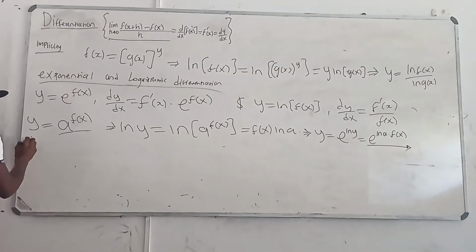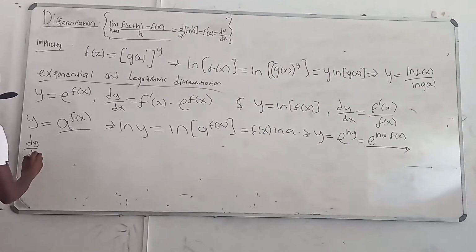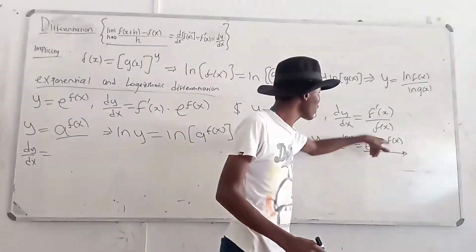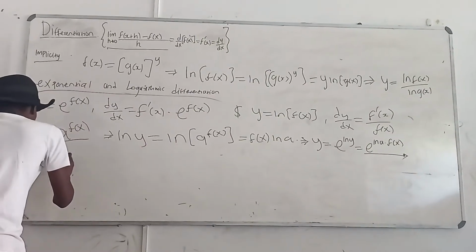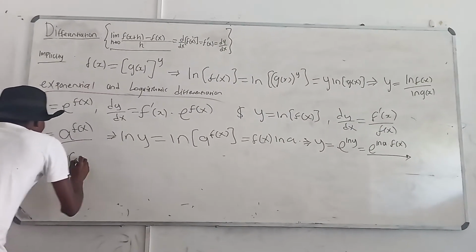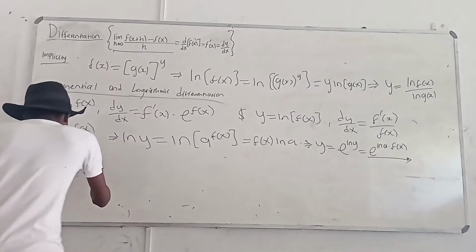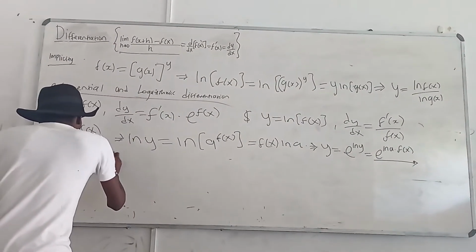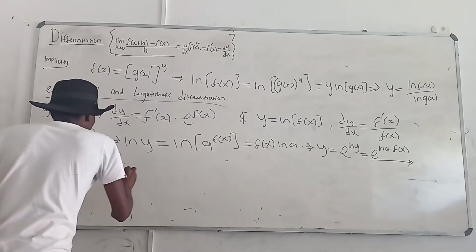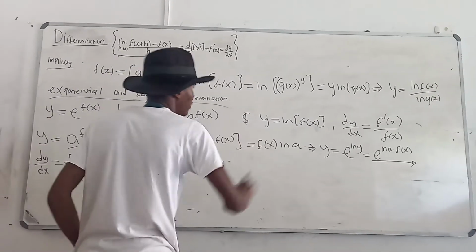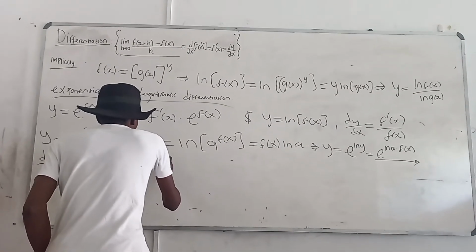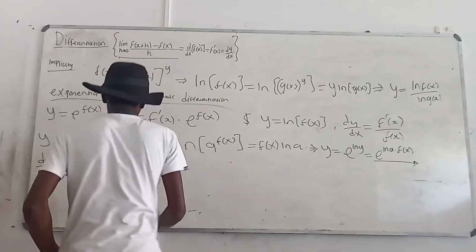So, in other words, now your dy over dx is nothing but, we said, the derivative of the power function, which is d over dx of e to the ln a f(x), multiplied by e to the ln a f(x).